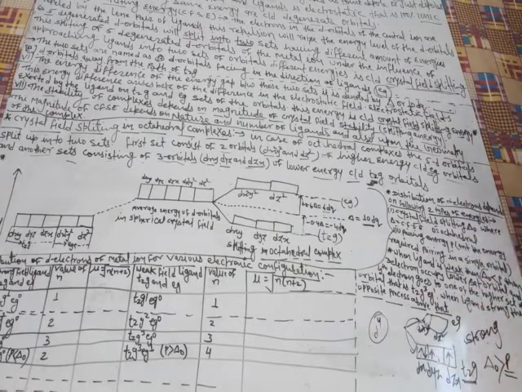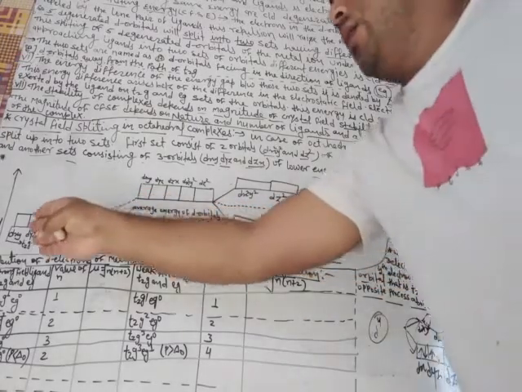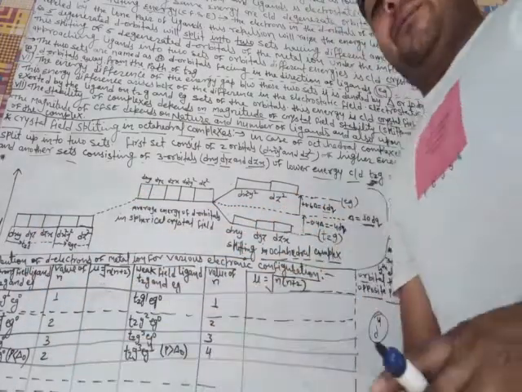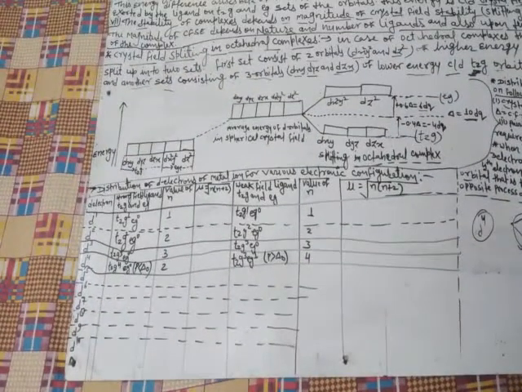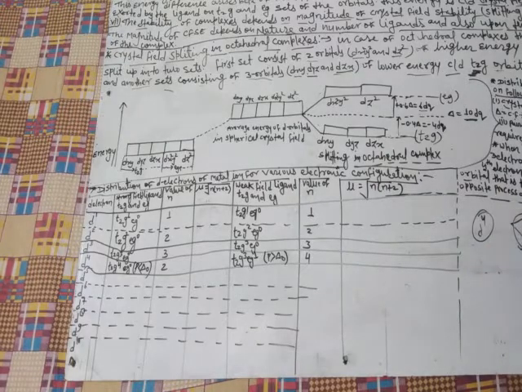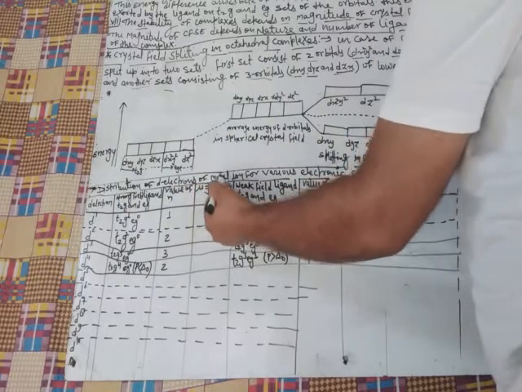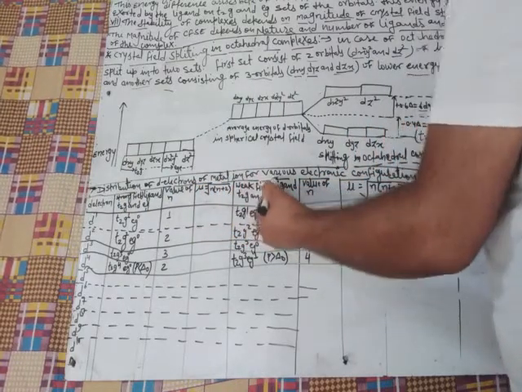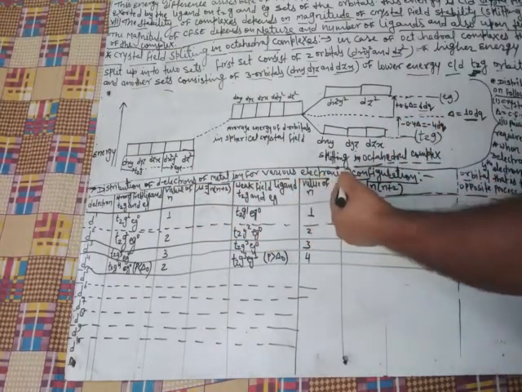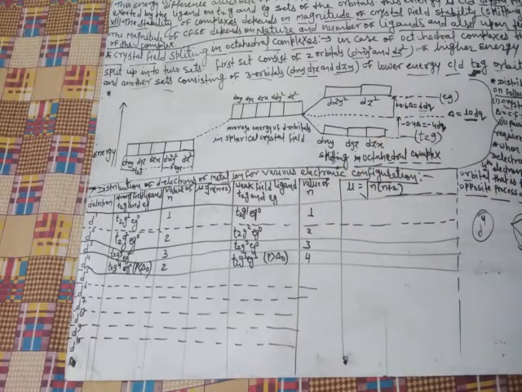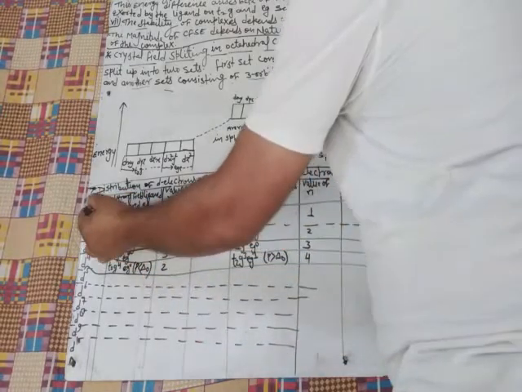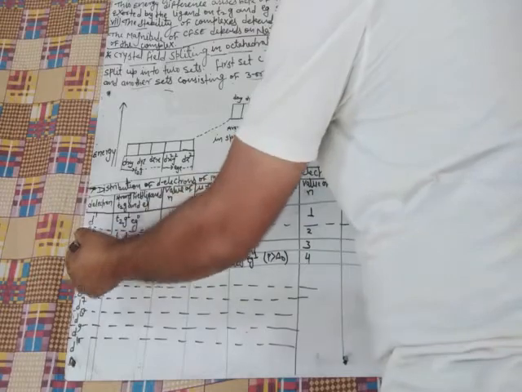According to this process, this table is explained. In this table, the distribution of d electrons of metal ion for various electronic configurations. First column is d electrons.